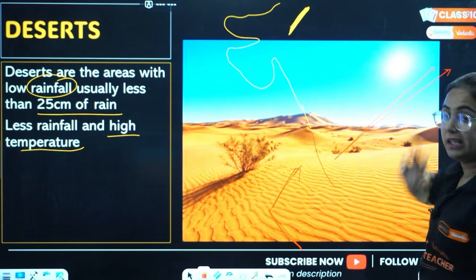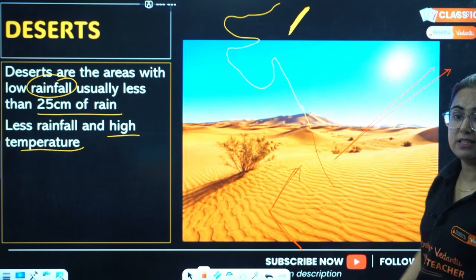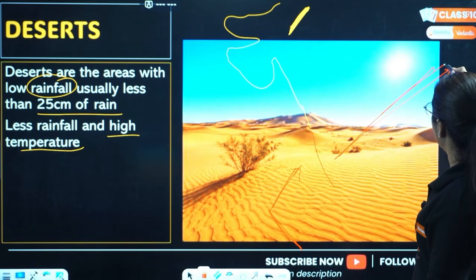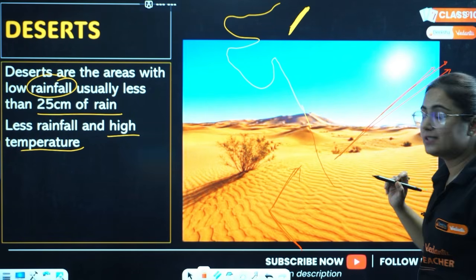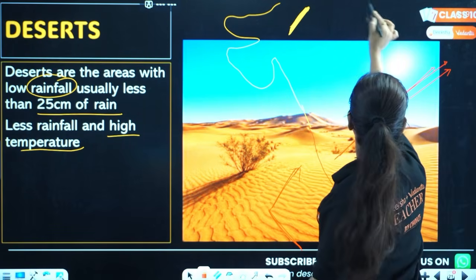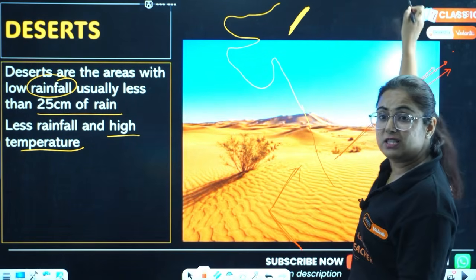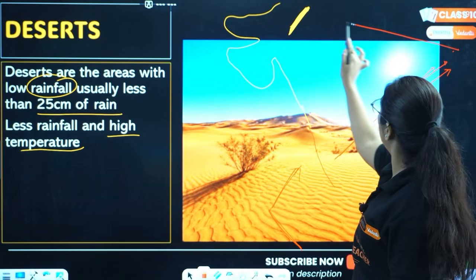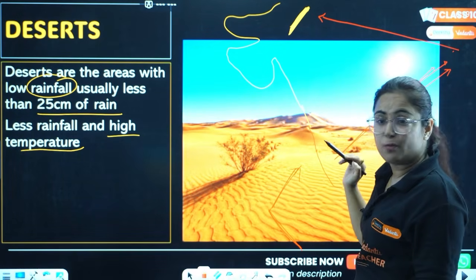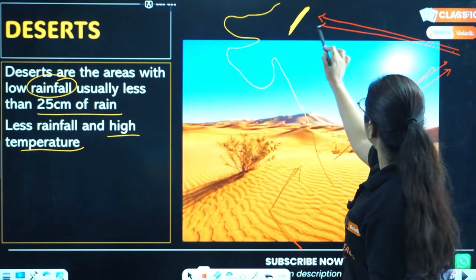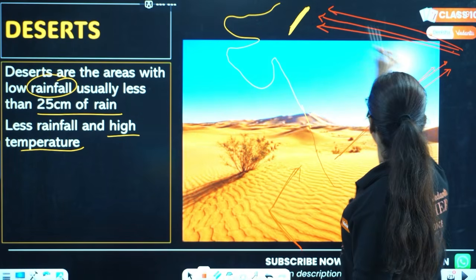You will understand this very nicely in the climate chapter. Here above comes the Himalayas, because of which this wind becomes diverted and moves likewise. The northern plain receives rainfall because of these winds.